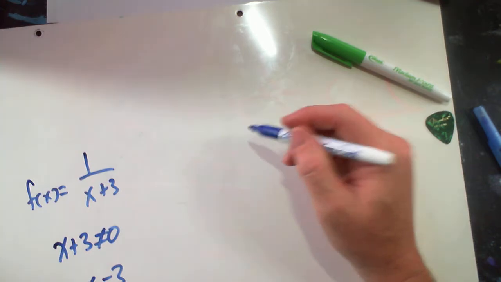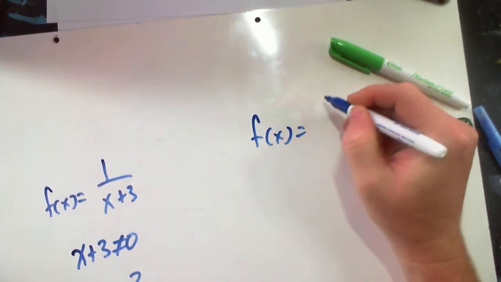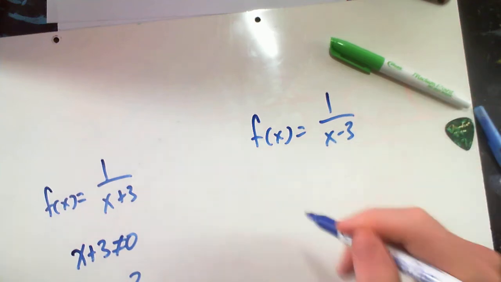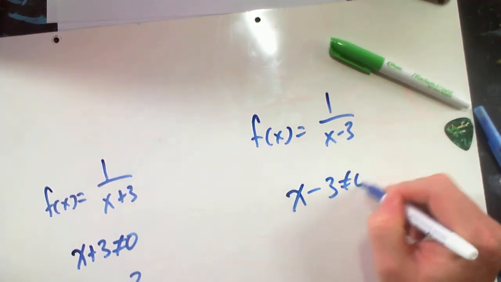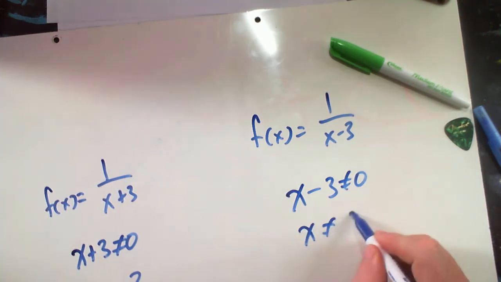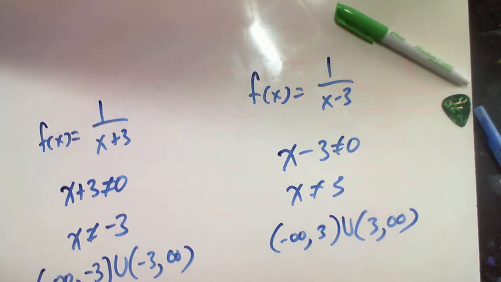In similar fashion, we've got 1 over x minus 3. We're going to take that denominator, set it not equal to 0. So x cannot equal 3. And so we've got the same idea there.